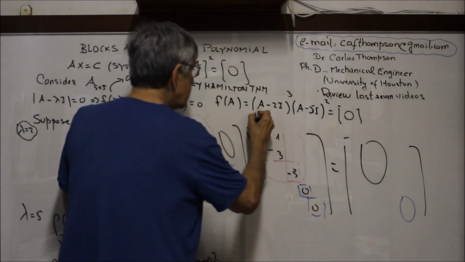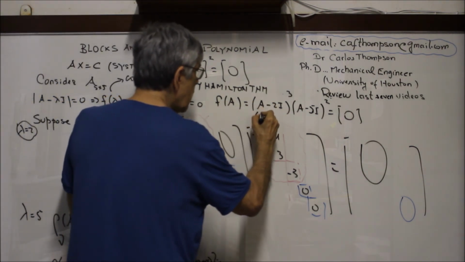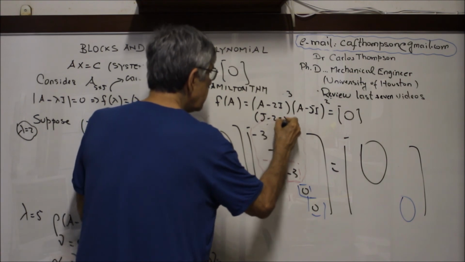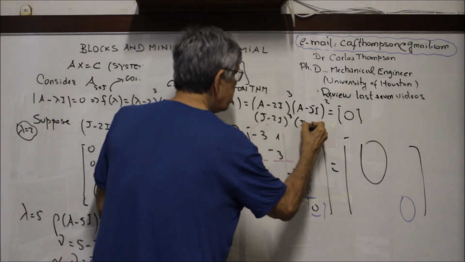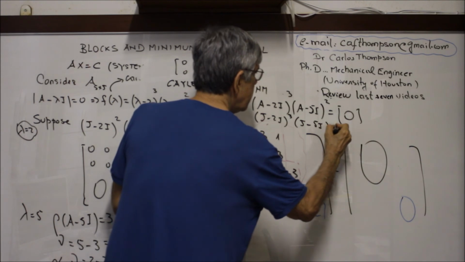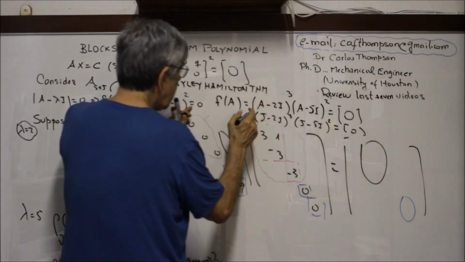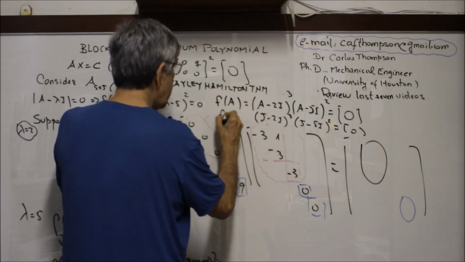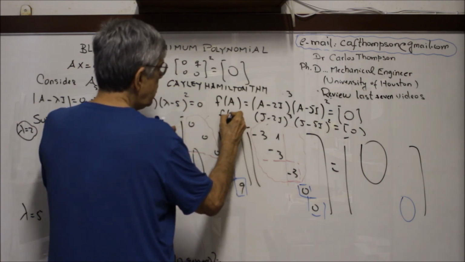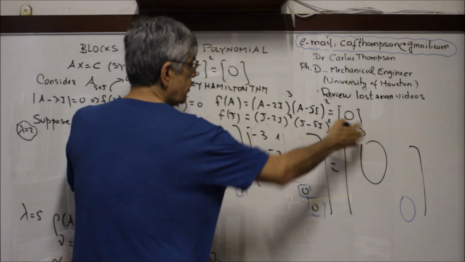And then, because a and j are similar, you can write here like that: j minus 5i to the power 2 is equal to 0. This is the Cayley-Hamilton theorem. This is f of j. J and a are similar, so I can write this.